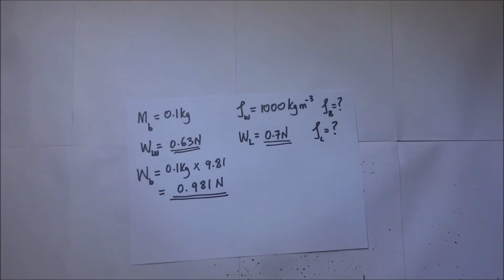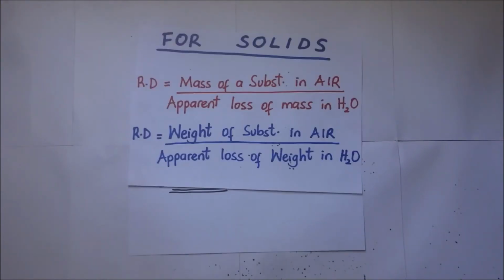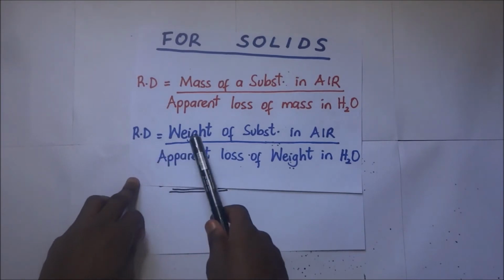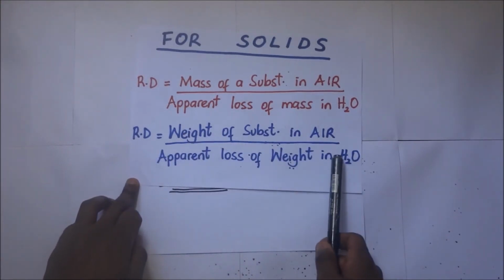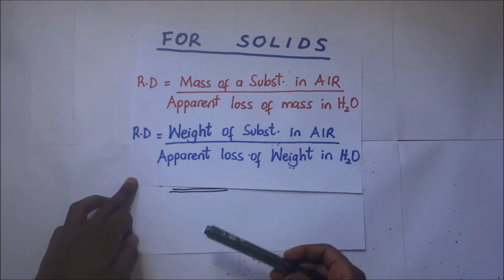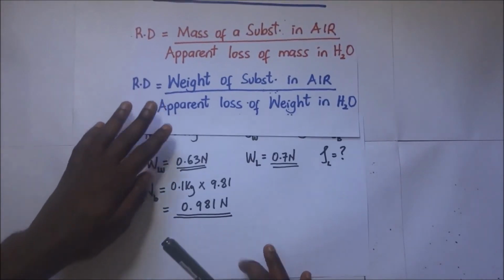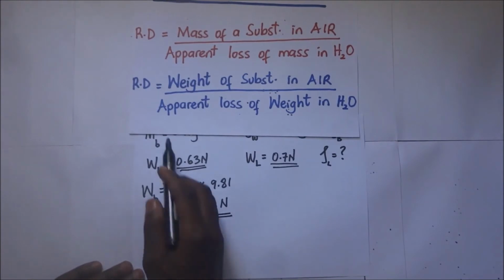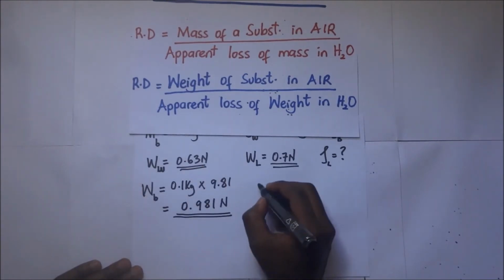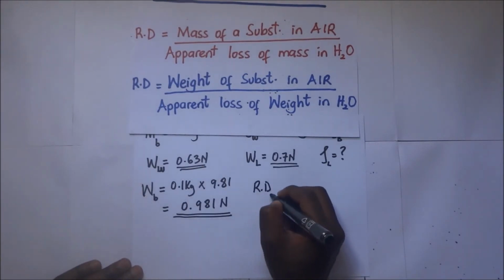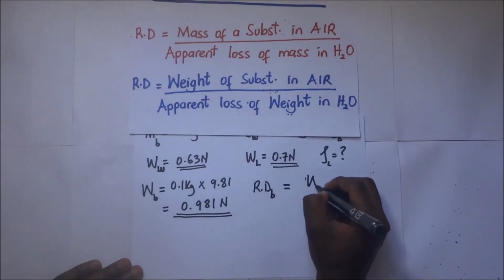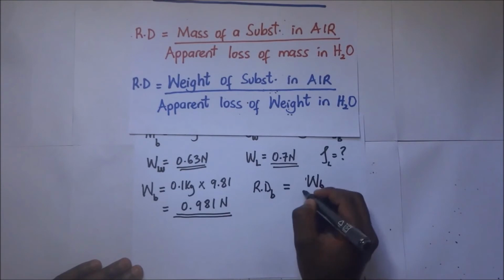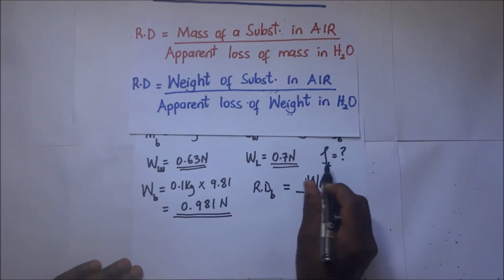The relative density of the block is going to be given by, from our previous session, the weight of a substance in air divided by the apparent loss of weight in water, and that is exactly what we are going to do here. So the relative density of the block is the weight of the block in air divided by the apparent loss of weight.